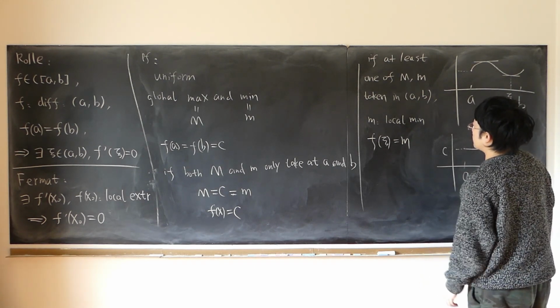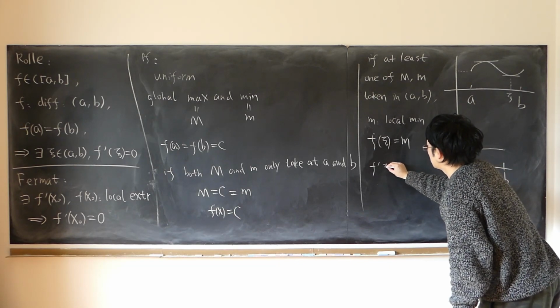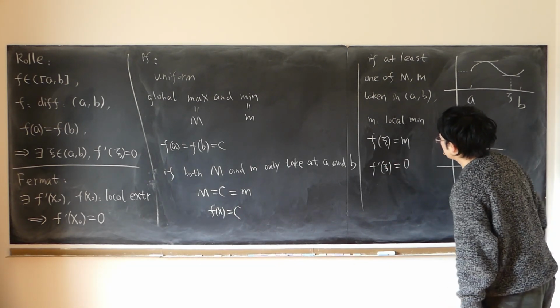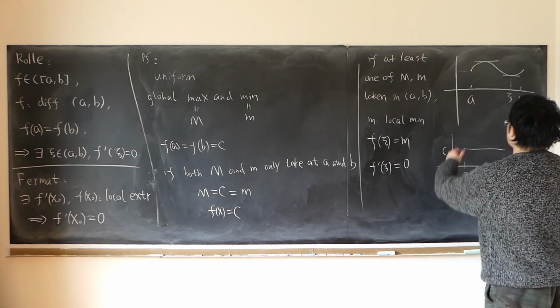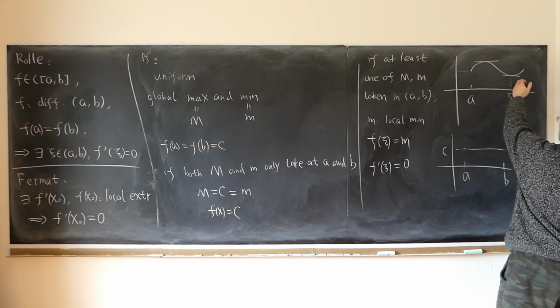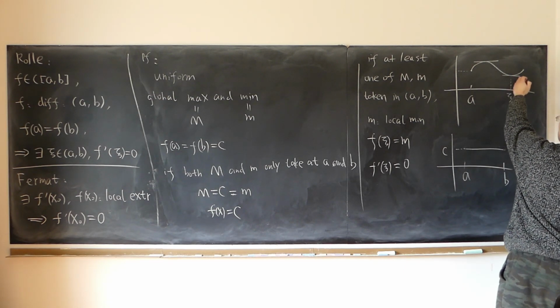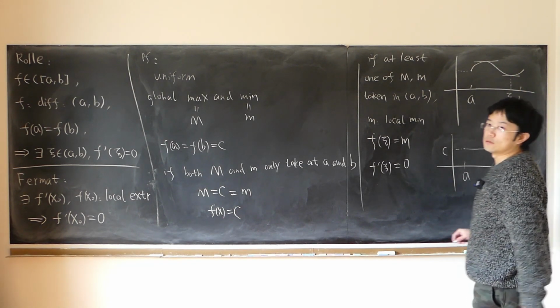So the derivative at c is exactly equal to 0. From the graph it's intuitively clear: at this point, since it's a local minimum, the tangent line has to be flat. In other words, the derivative has to be 0.